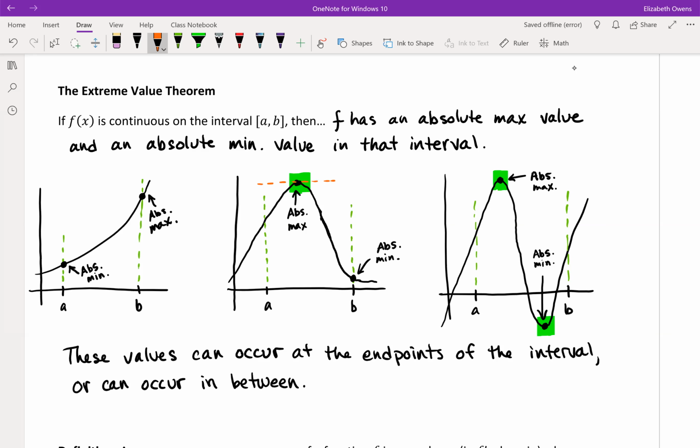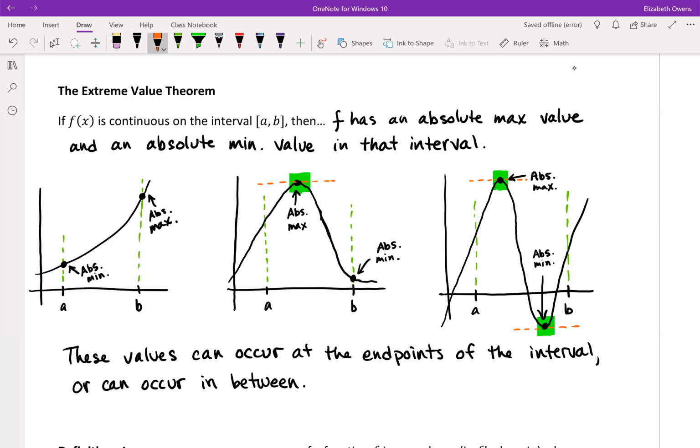The tangent line here would be just kissing the top of that function there. Here's the tangent line for the absolute minimum. You might notice that all three of those tangent lines are perfectly horizontal.